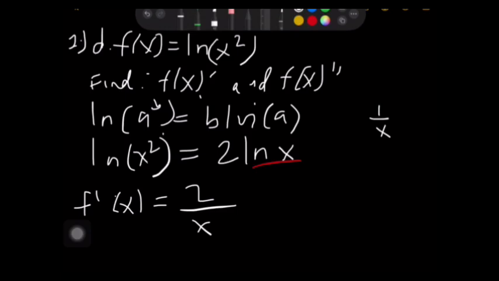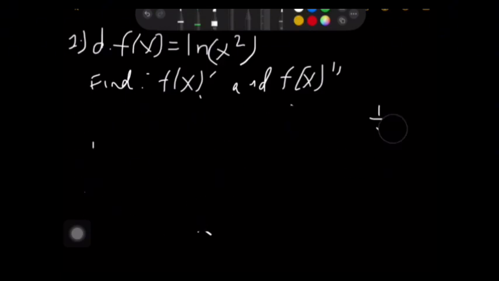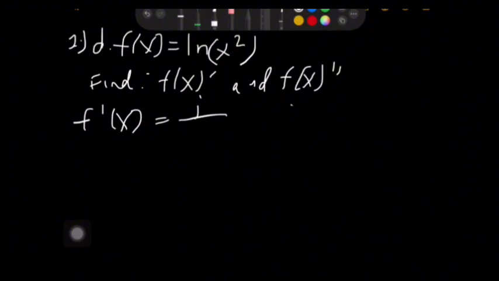Now that we've found the first derivative, to find the second derivative, let us differentiate the first derivative, which is 2 over x.